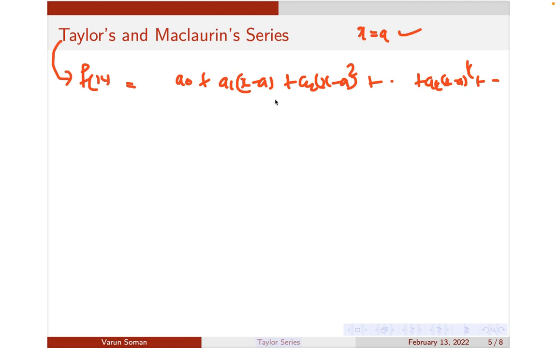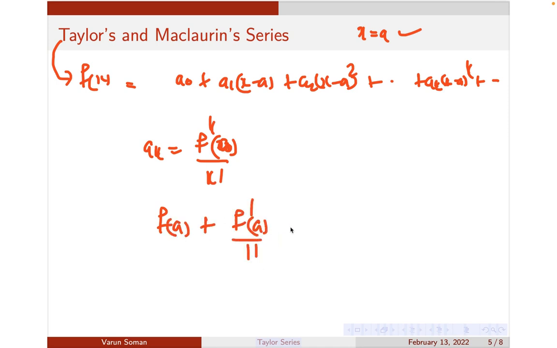Okay, now what are these a naughts and a1s? The Taylor series gives a formula for them. It says that your ak is equal to f^(k) of a by k factorial. I'll write it down. Your a naught is nothing but f of a, plus a1 is f dash of a by 1 factorial.